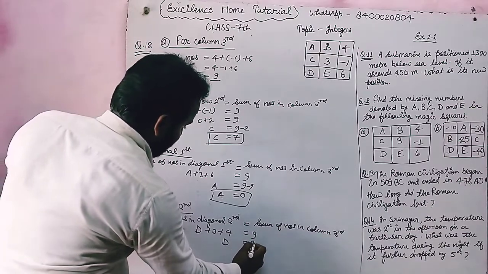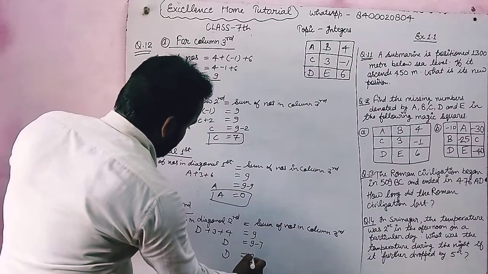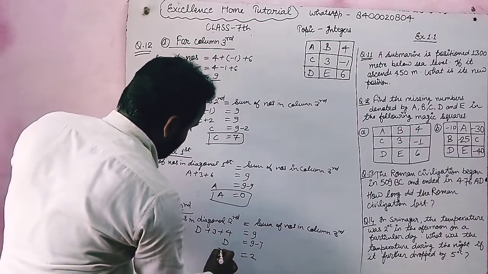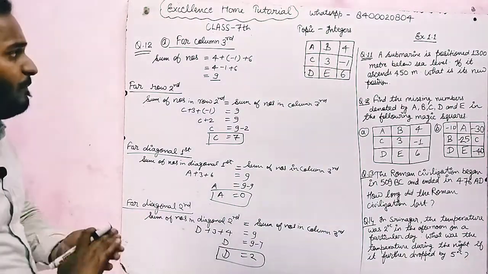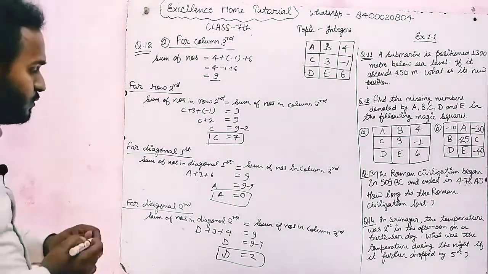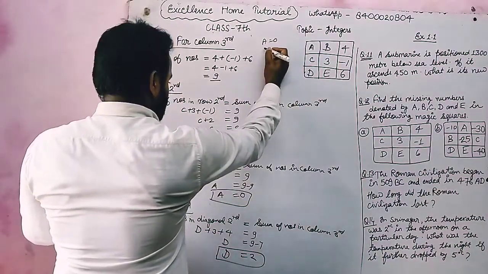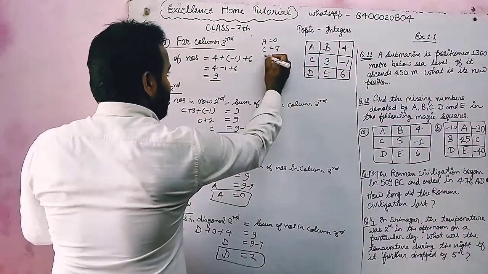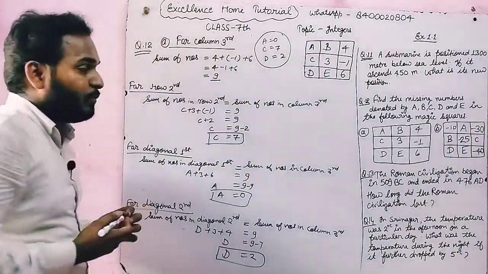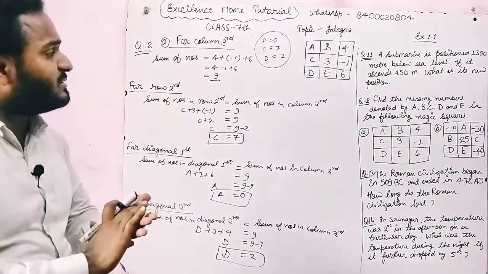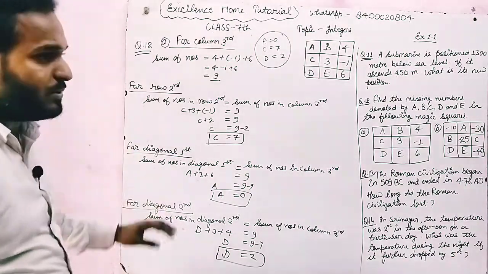D equal to 9 minus 7. D equal to 2. So 3 numbers are solved. So A equal to 0, C equal to 7, D equal to 2. Okay. These three unknown numbers are solved by this formation.